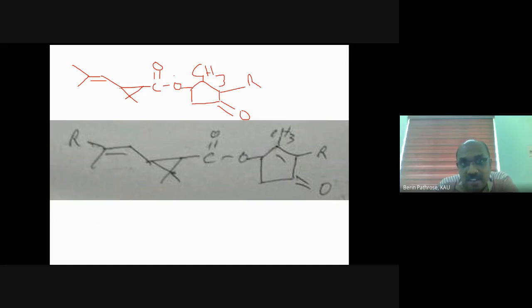See, the COOH and OH react together and form an ester bond, the COO group. So that is the ester bond. So if we have CH3COO, then it will be esters of pyrethric acid.